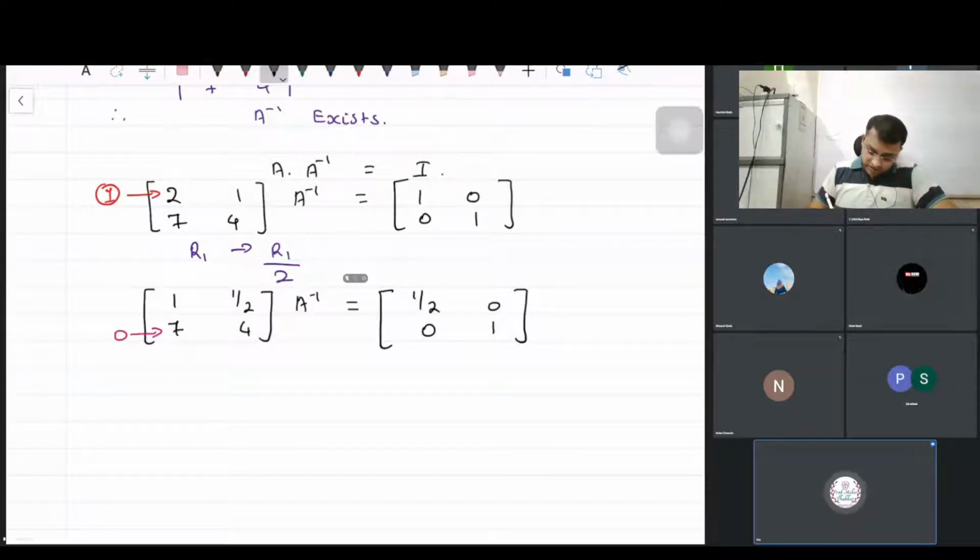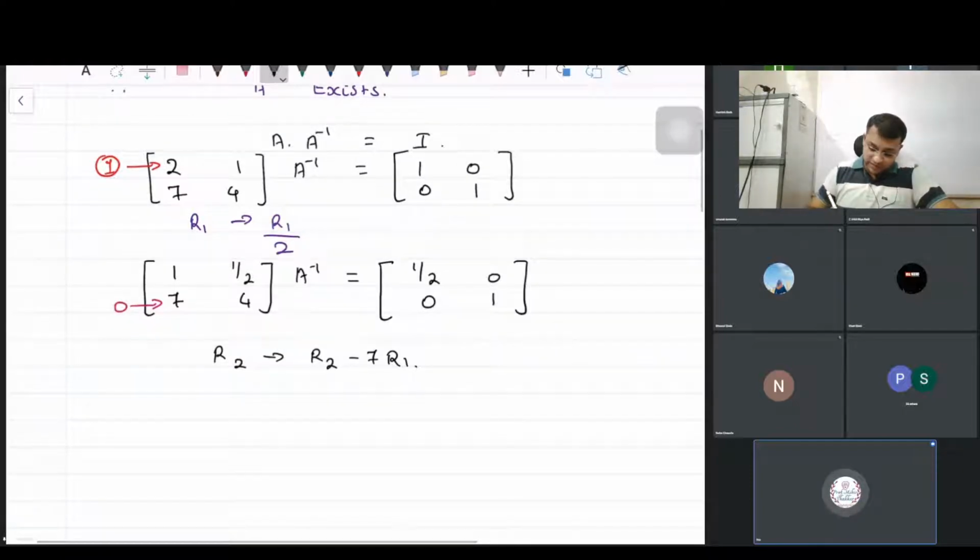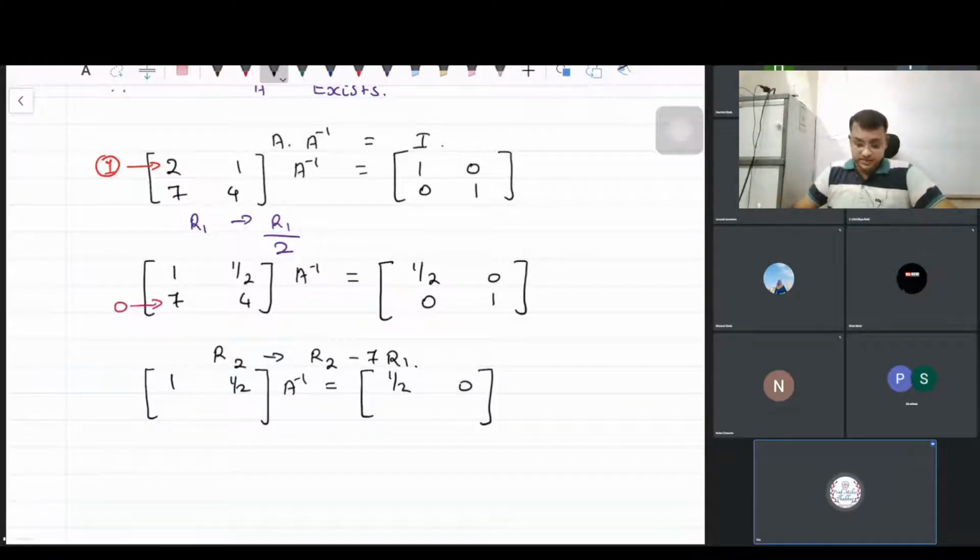So here it will become R2 changes to R2 minus 7 times of R1. So in this case, we don't have to make any changes in the first row. So 1, 1 by 2, again 1 by 2 and 0. So these elements will be just left as it is.